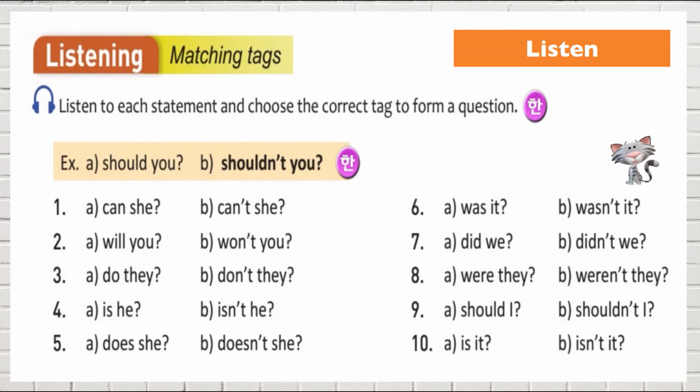It wasn't on the table. Was it? They didn't make a wrong turn. Did we? They weren't at the reception. Were they? I should call her tomorrow. Shouldn't I? It isn't in the living room. Is it?